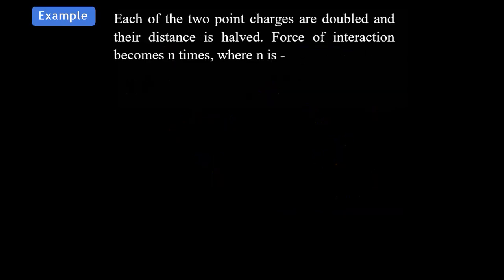Yes. Now let us say each of the two point charges is doubled. If the charges are Q1 and Q2, and the separation is R, we know that force is F equals K times Q1 Q2 by R square.